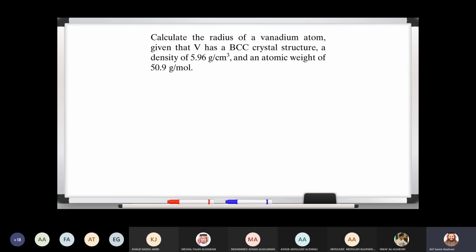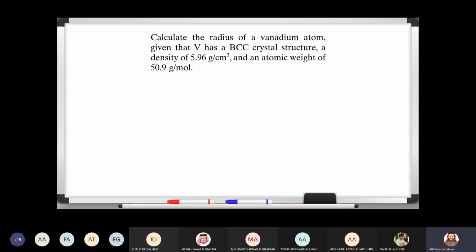Also, we talked about polymorphism or allotropy, meaning that a single material can have more than one crystal structure depending on the environment. We gave an example of iron, also diamond and graphite or carbon. We talked about titanium as well.